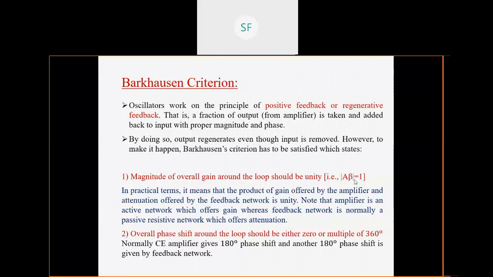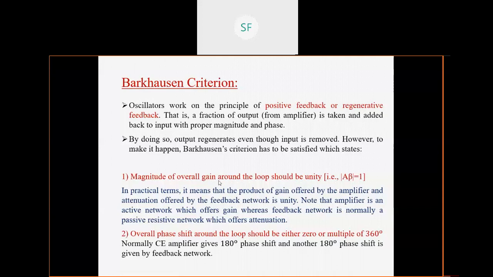Their product should be equal to 1. The second condition is that overall phase shift should be either 0 or a multiple of 360 degrees. For now, just remember these two conditions. We will verify them when we discuss the RC phase shift oscillator, which is our next topic.